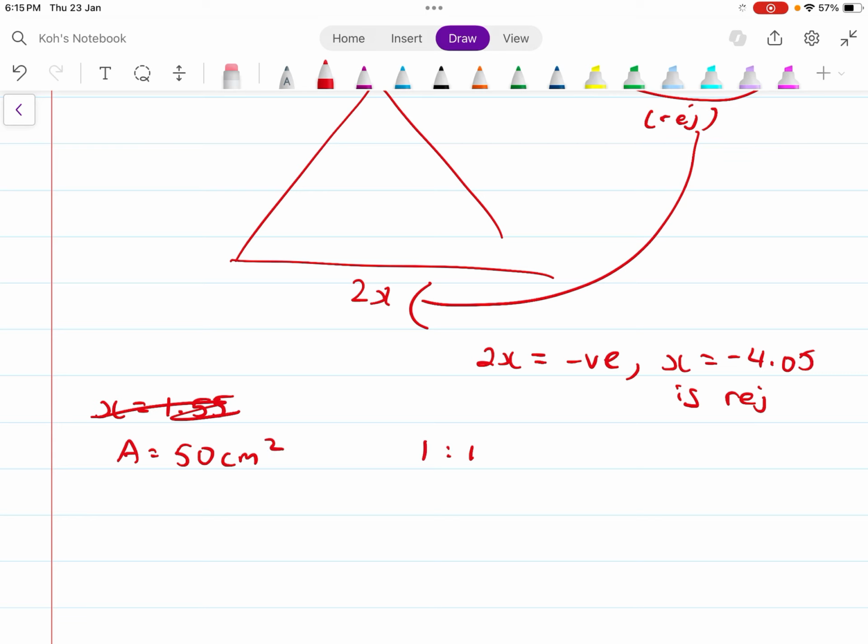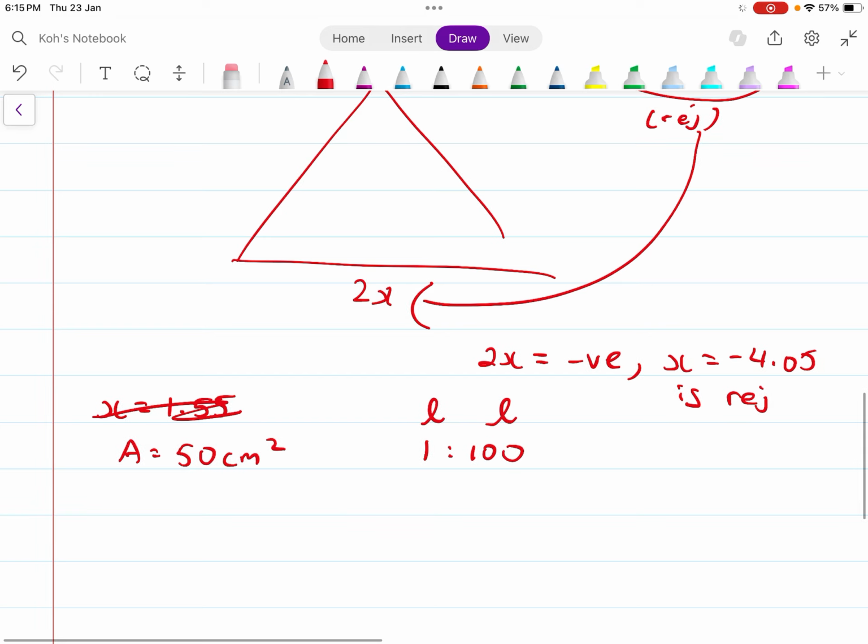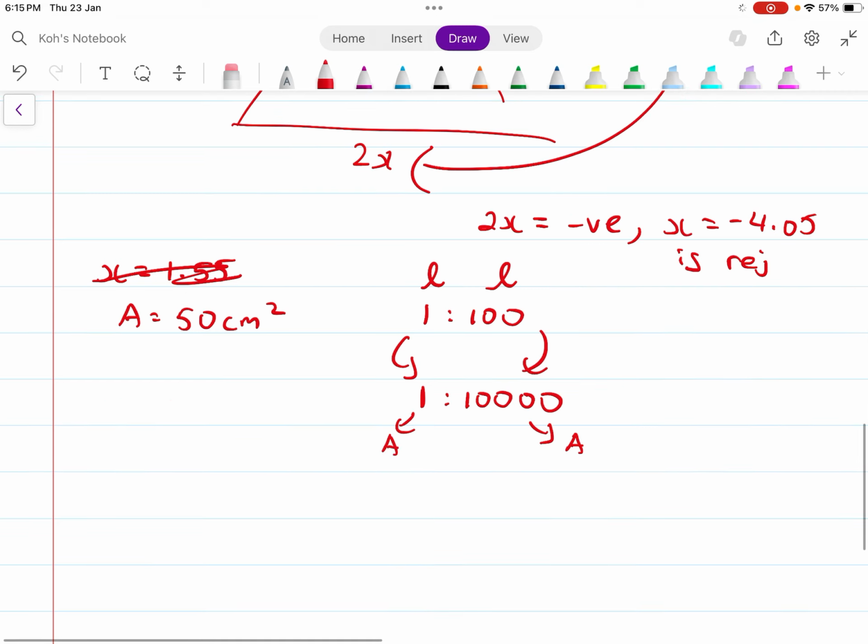The scale is 1:100, but don't forget this is length to length, meaning the length of the model to the length of the real thing. You must square both sides, so 1 squared to 100 squared. This is the area of the model and this is the area of the real thing.